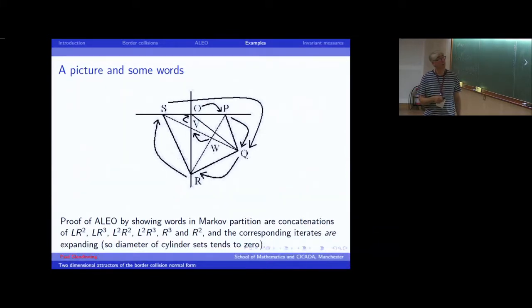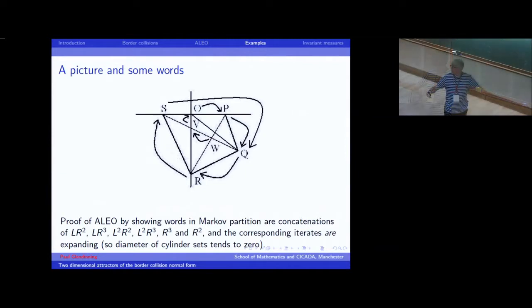So in order to show that it's actually fully 2-dimensional, what you show is that for every sequence, to get to somewhere interesting only uses a certain number of words, and that on those words, the map is completely expanding, so expanding in all directions.